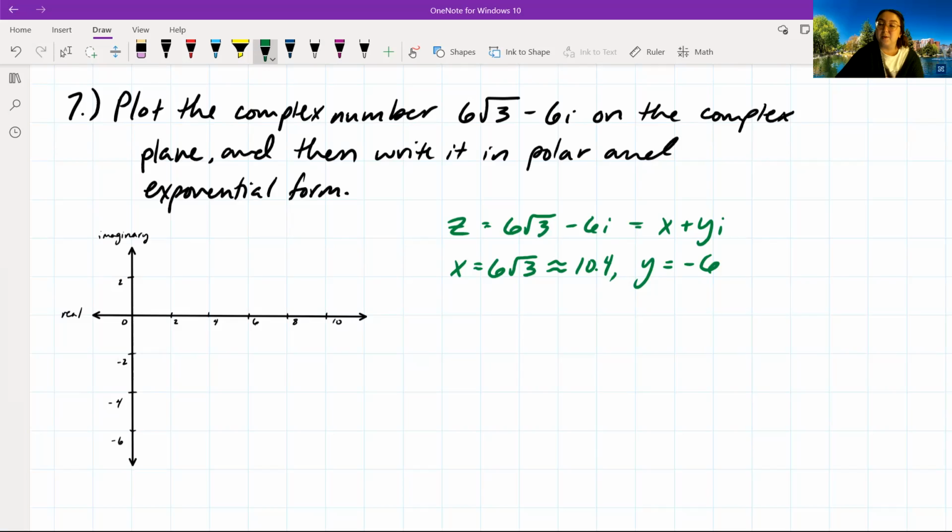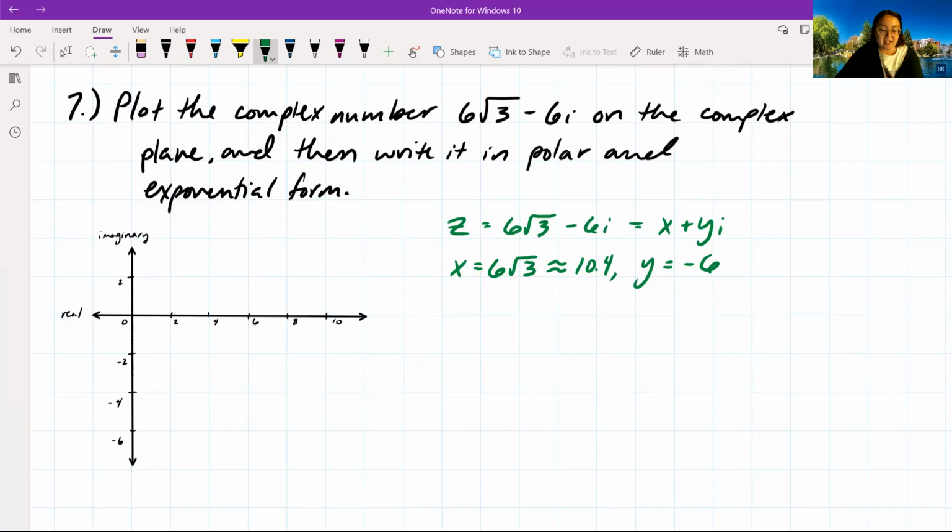So we want to go ahead and graph that point. We can easily do this because our complex plane looks extremely similar to our rectangular coordinate system, or our xy plane. And all we have to keep in mind is that our x-axis typically is going to be our real axis, and our typical y-axis is now going to be the imaginary axis.